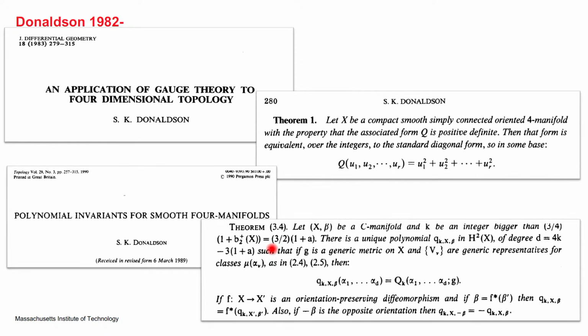There's always the important restriction on the 4-manifold that b plus has to be bigger than or equal to 3 in order to have a well-defined invariant. And there are a couple of other interesting features about the invariants. The invariants depend on orienting, if it's, let's say, simply connected, orienting H plus of the 4-manifold.